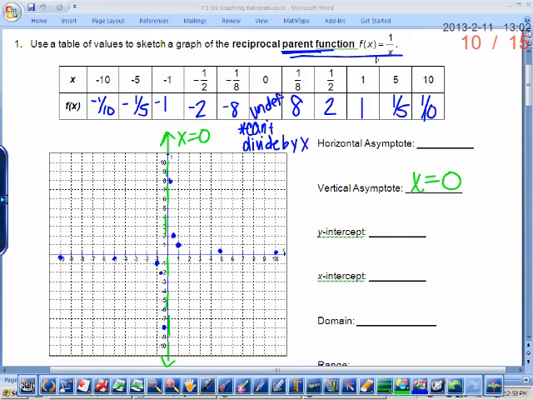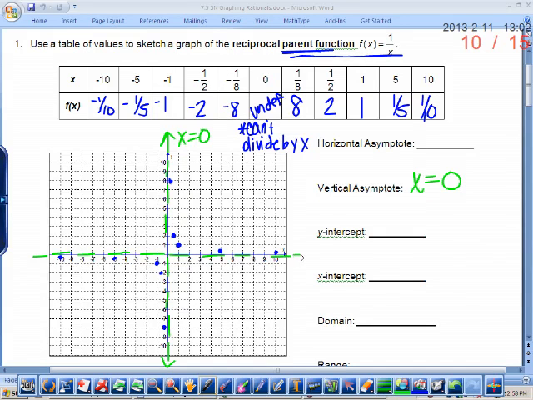Will 1 divided by a number ever give us 0? No, it'll give us 1/2, 1/3, 1/4, 1/5, 1/6. Will it keep getting smaller and smaller and smaller though? Yeah, but it's never going to cross 0. You can only get 0 by having a 0 in the numerator, and we have 1 in the numerator. We can't get 0 in the numerator. So you have another asymptote at y equals 0.